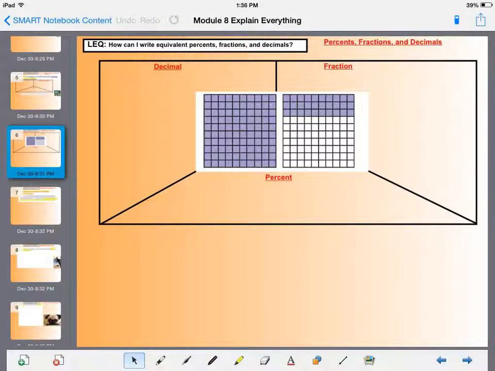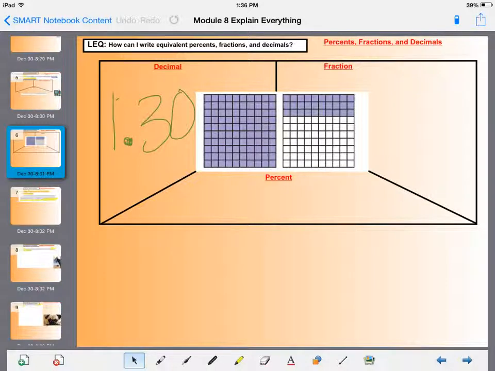We also talked about representing percents and decimals and fractions from a hundredths grid. In this example, we have 1 full hundredths grid shaded in, and we have 10, 20, 30 hundredths of another. So for the decimal, we have 1 whole and 30 hundredths of another.